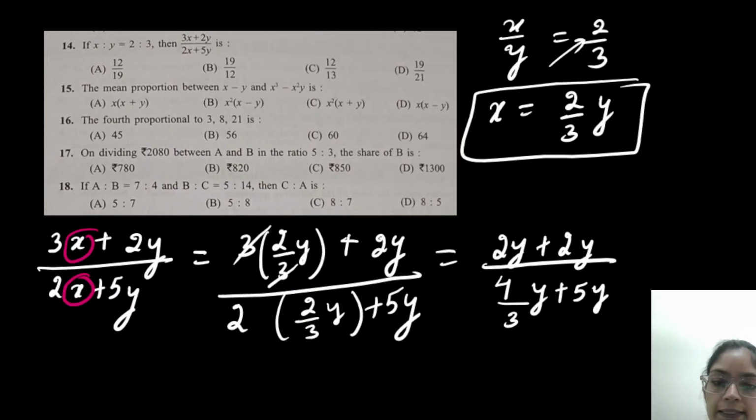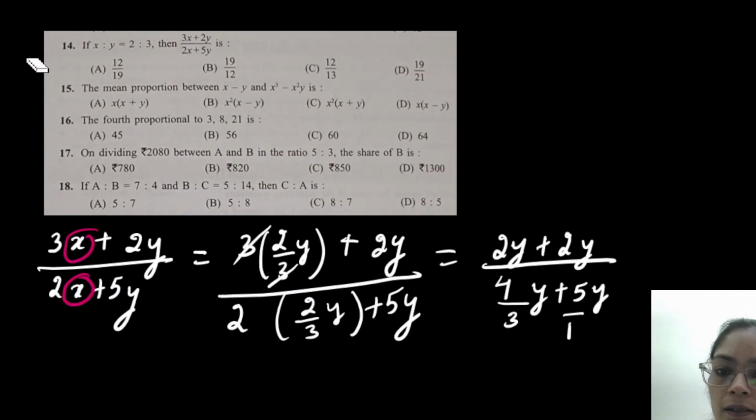So now we can see here, numerator is very simple. Here I don't have any fraction, simply like terms I can just add. So here I'll get 4y because 2 plus 2 is 4. But in denominator it's a fraction, so we have to find LCM and solve it.